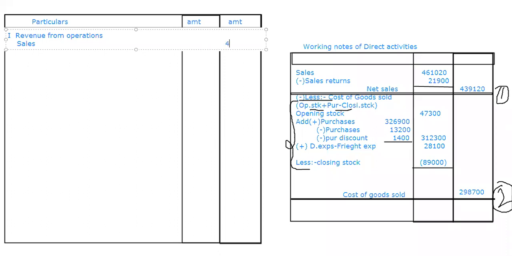how much we got? 4,39,120, right? And from this one, what is that we are going to minus, ma? We are going to minus cost of goods sold. So how much we got cost of goods sold?